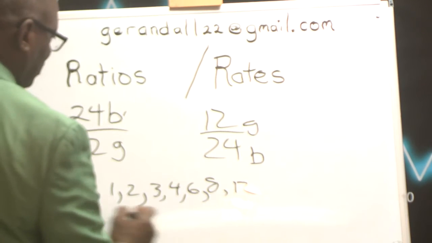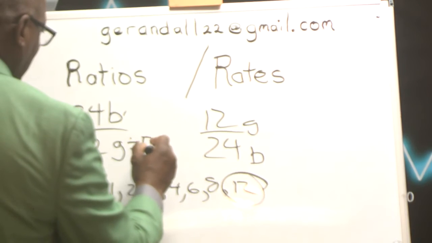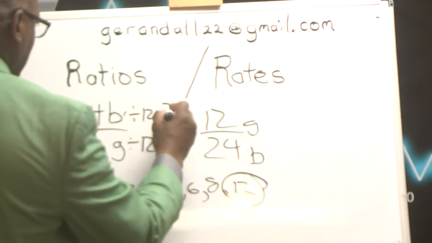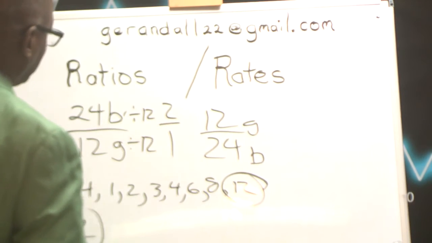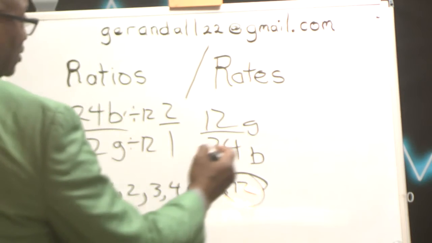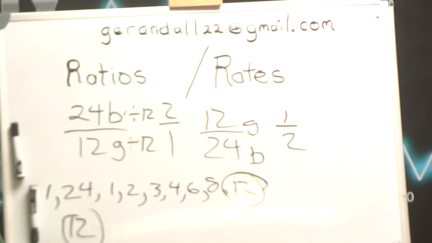And circle that one, and watch this. The ratio of boys to girls is 2 to 1, or girls to boys, 1 to 2. Comparing two numbers, that's what we're doing here.